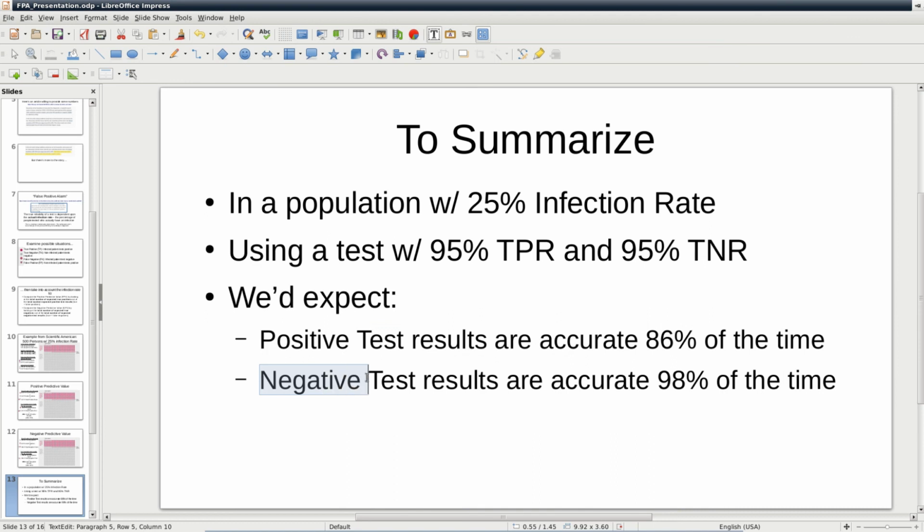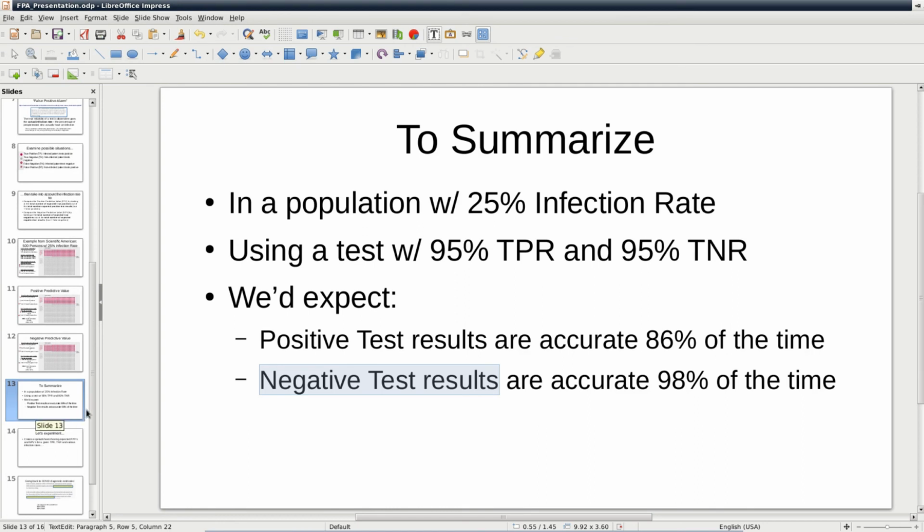And likewise, the negative test results are accurate 98% of the time. So our negative predictive value is 98%, which is interesting, considering we started with a test that had both of these 95% accuracy.